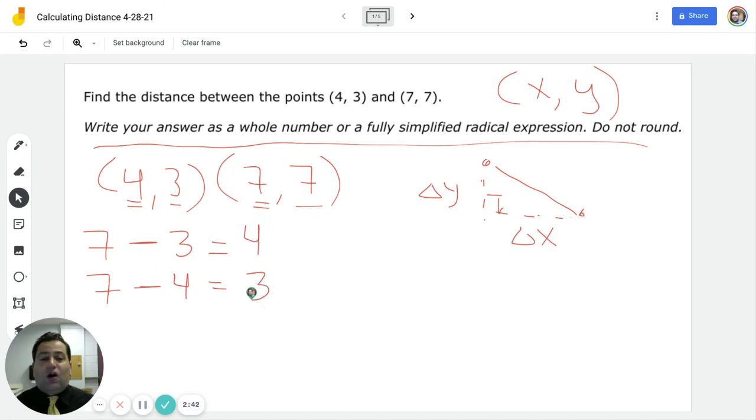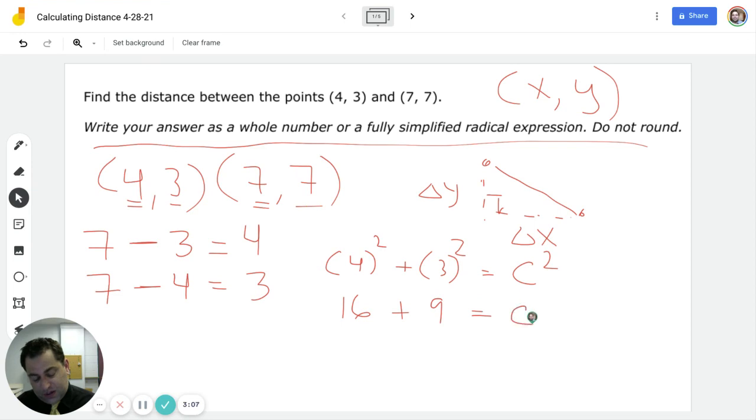And now we have the sides of our triangle here, so I can apply the Pythagorean theorem. 4 squared plus 3 squared equals c squared. So 4 times 4 is 16, 3 times 3 is 9, and 16 plus 9 is going to be 25.